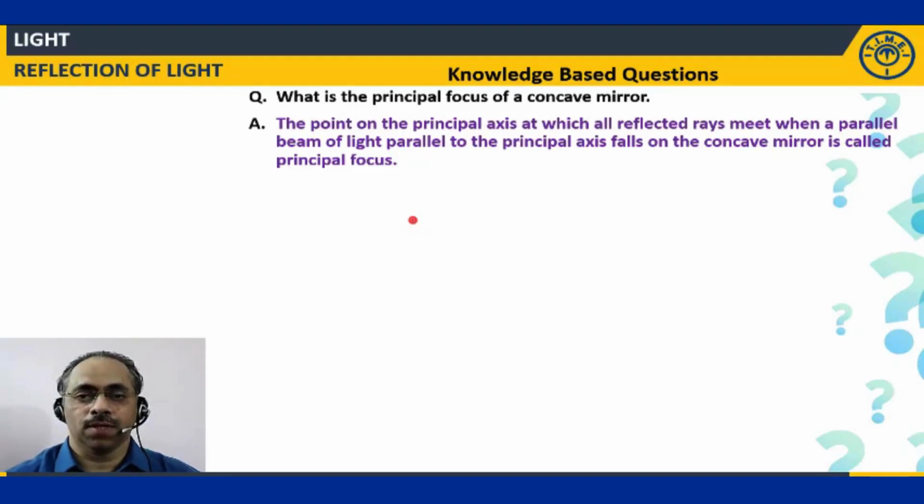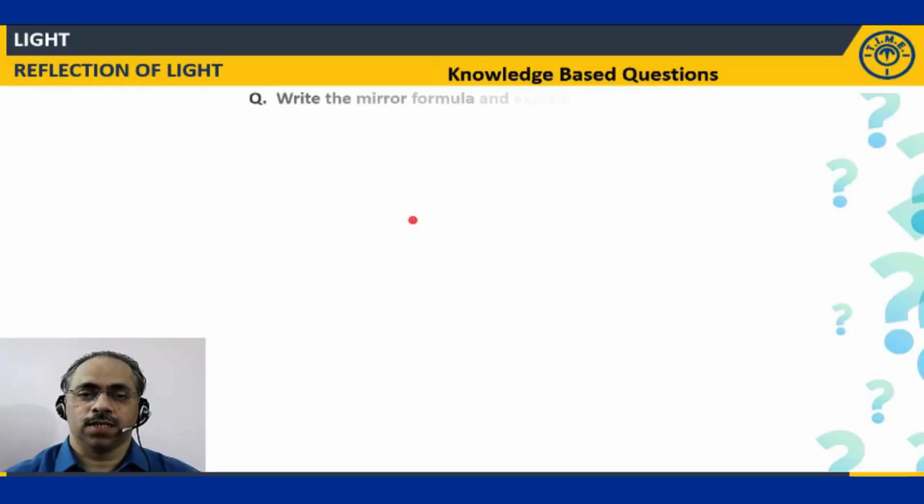It is called the principal focus. They are getting reflected from the mirror, so they pass through this particular principal focus. Clear? So that is the point. How do you define it? Clear? Okay. Let us move on to the next question.